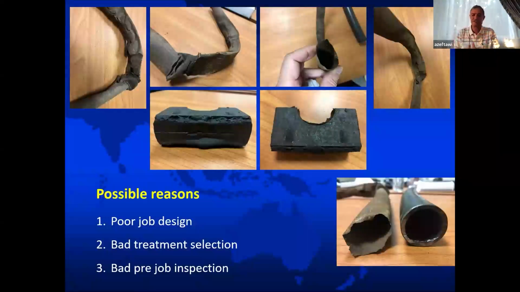I believe it is with the treatment selection. The possible reason, this is what I believed at that time, is either poor job design, bad treatment selection, or bad pre-job inspection. Honestly speaking, I didn't know what the end result came out to be, but definitely this mistake was not from the pipe here.